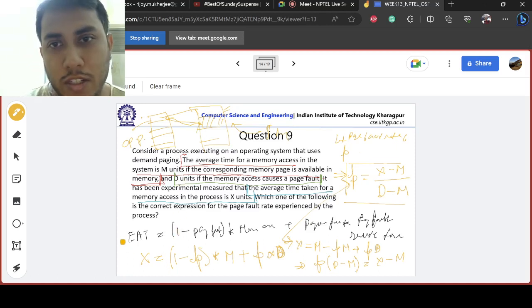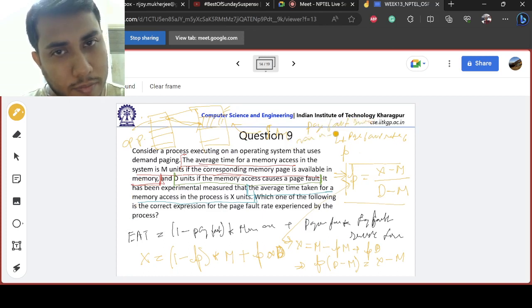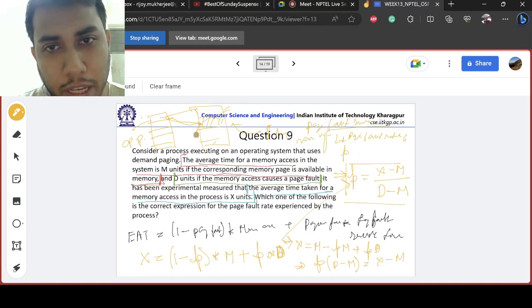If it is not there, the page fault service routine will evict a page from here and bring a page here.